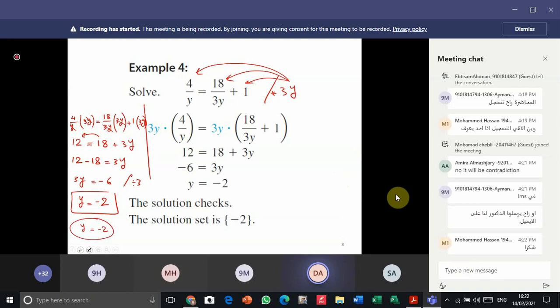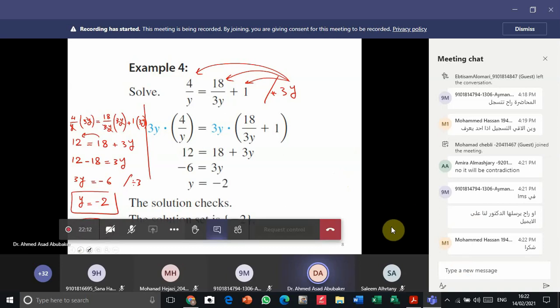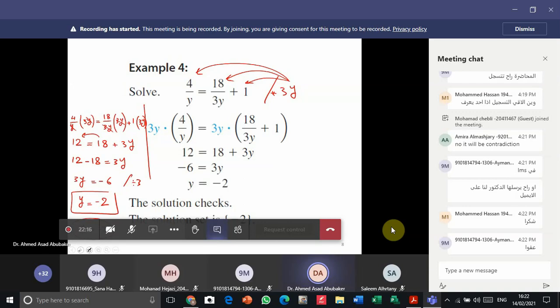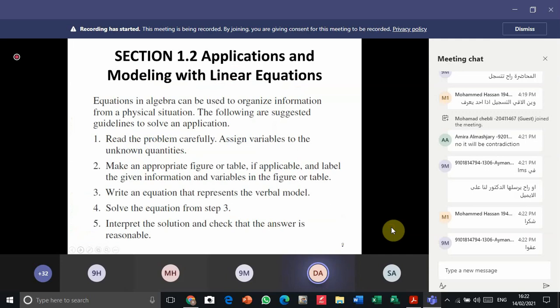Now, we have some application equations. Find a variable for the unknown quantity. If we have an unknown quantity, put this unknown quantity as x, y, s, t, any variable.